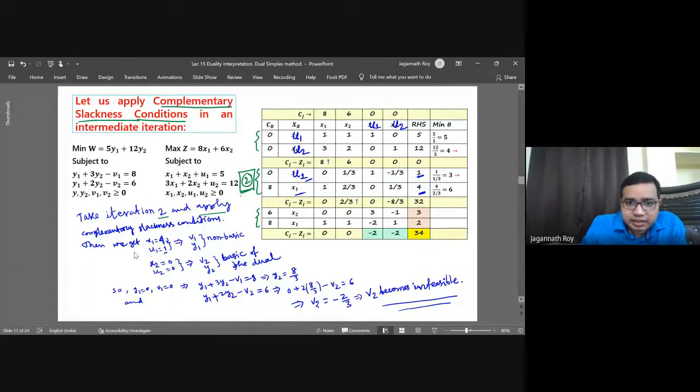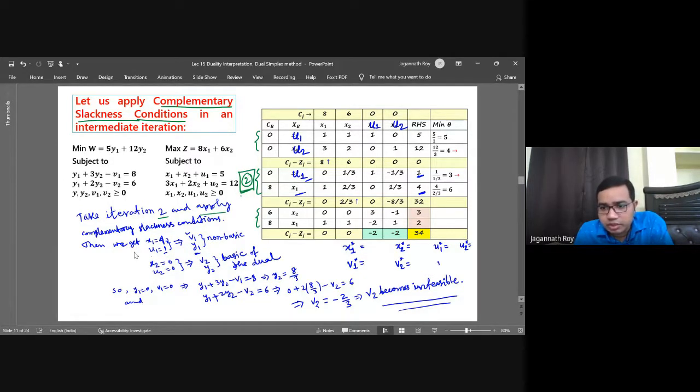Since they are basic, the corresponding non-basic variables are v1 and y1, because if you remember, we have seen x1 star and x2 star at the optimum. So u1 star and u2 star, star meaning the optimum level, and corresponding to this we will have v1 star, v2 star.